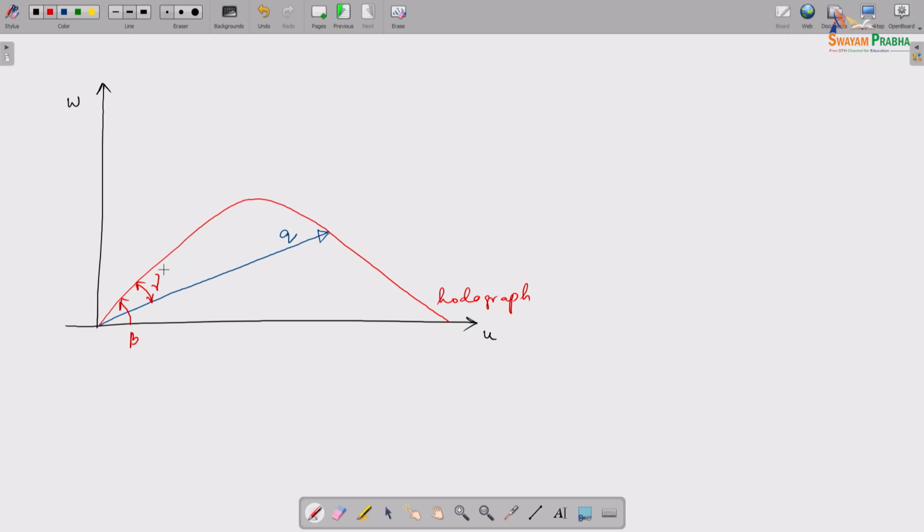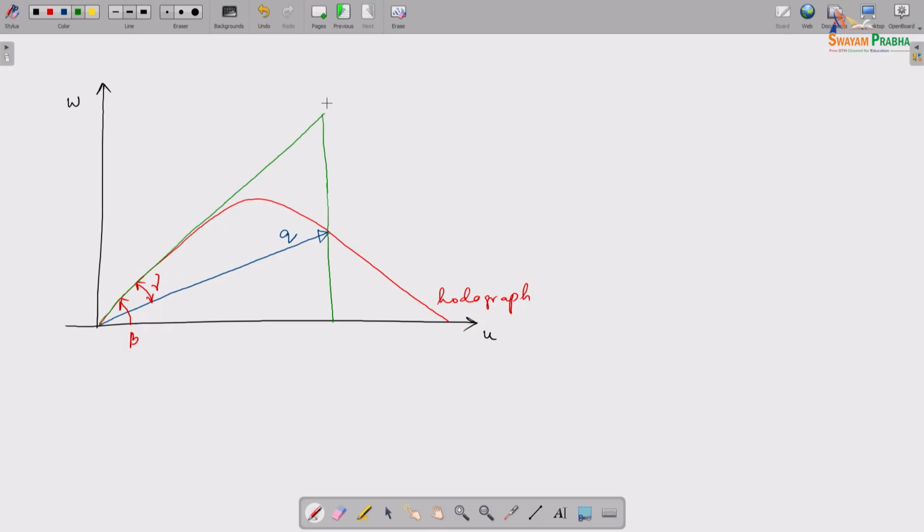All right. So, if this is Q, then what I am going to do is drop a perpendicular, let us increase that, and then go along the tangent.